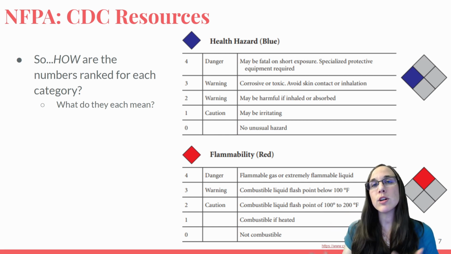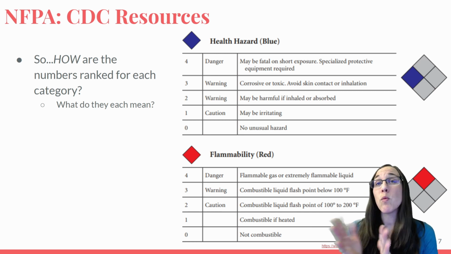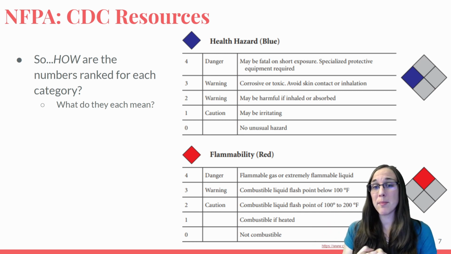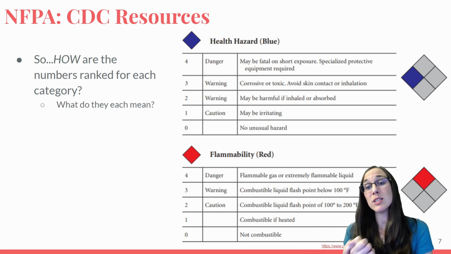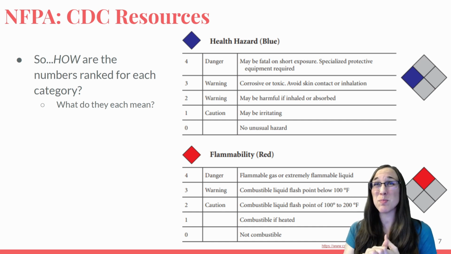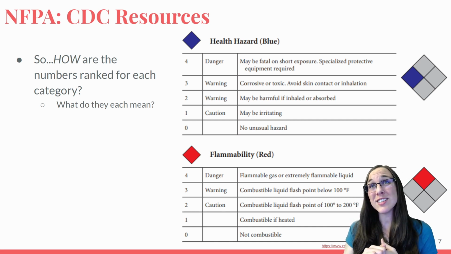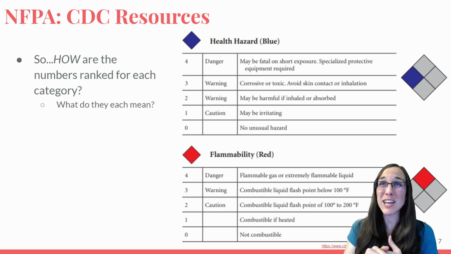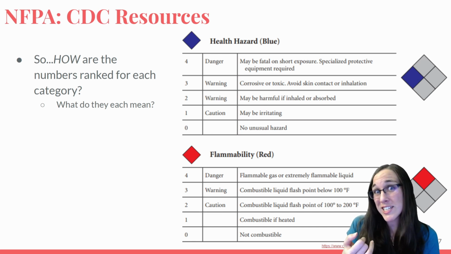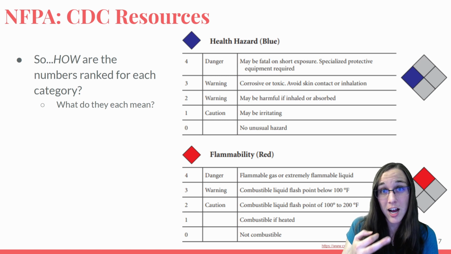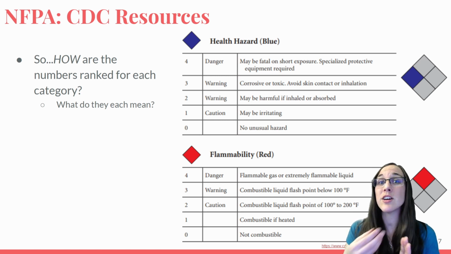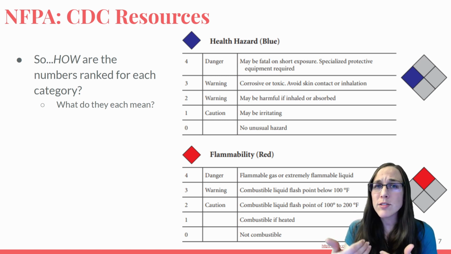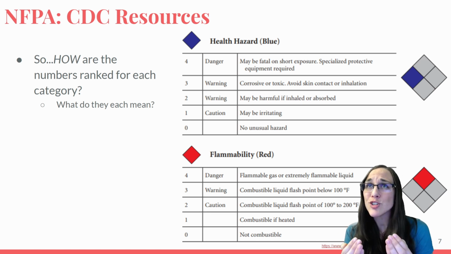If you see a 3 or a 2 in the blue, that is a warning. So, this is harmful. It could be corrosive. It could be toxic. So again, take special care. 1 is just like, hey, caution, this might irritate you. So remember that was irritating to your skin, irritating to your eyes, acute toxicity, could hurt your respiratory tract. Any of those things are in that health hazard category.